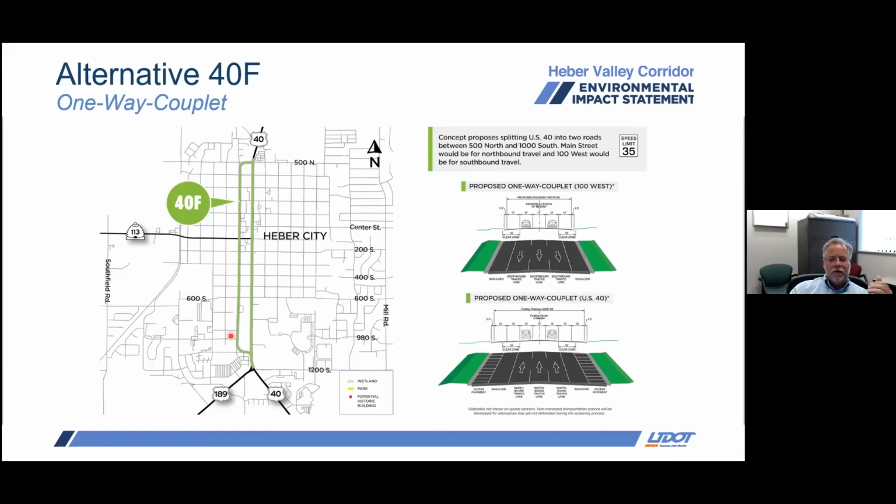With this alternative, we would need to widen 100 West, as we show here in this cross section, to add 3 lanes to 100 West.